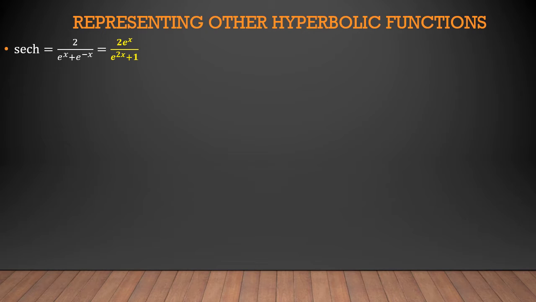Knowing that e to the negative x equals 1 on e to the x, if we multiply all through, we now have 2e to the x on e to the 2x plus 1. Now cosech is simply 1 on sinh x, the reciprocal, which equals 2e to the x on e to the 2x minus 1.